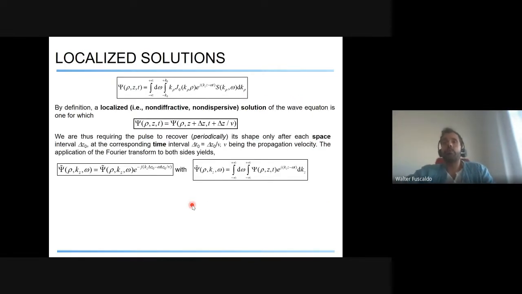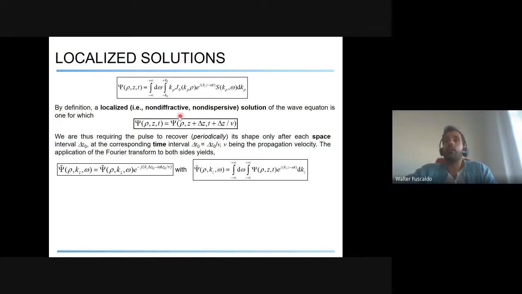Why is it important to enforce such a linear coupling? One way to understand why it is necessary to enforce a coupling between the radial wave number and the frequency to get a localized solution is by looking at the definition of a localized solution of the wave equation.